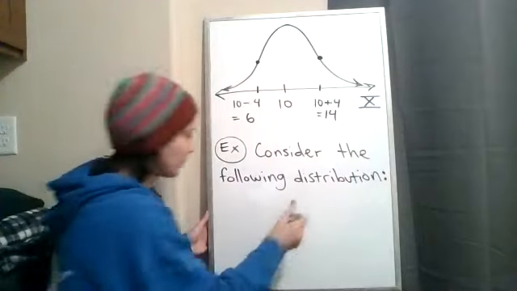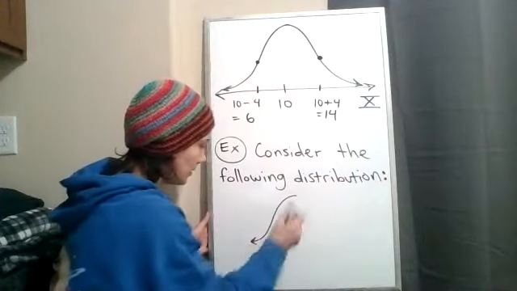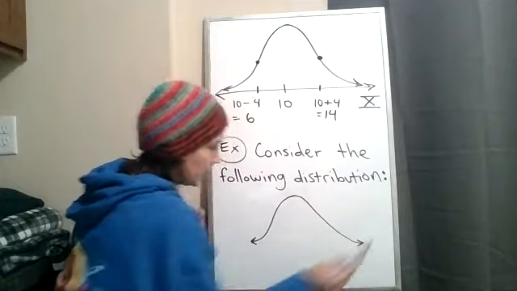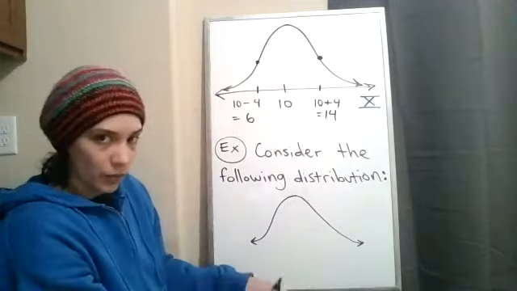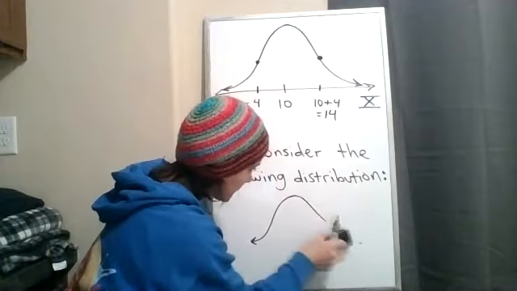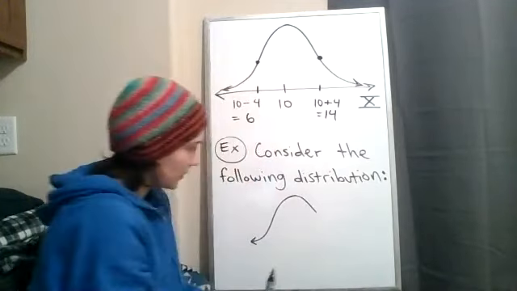It's a bell curve. It's going to go down, down, and it's sitting over, oh. Let's put the number line.